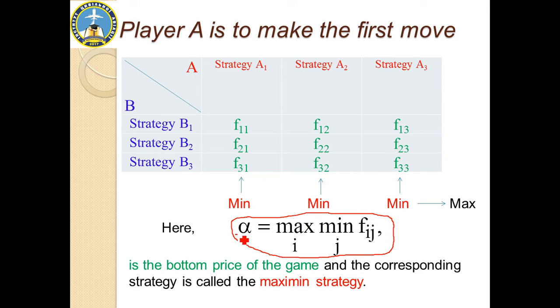Alpha is called the bottom price of the game, and the corresponding strategy is called the maximin strategy. Again, as the formula implies, maximin means we find a maximum of several minima, and the corresponding value or payoff will be called the bottom price of the game.